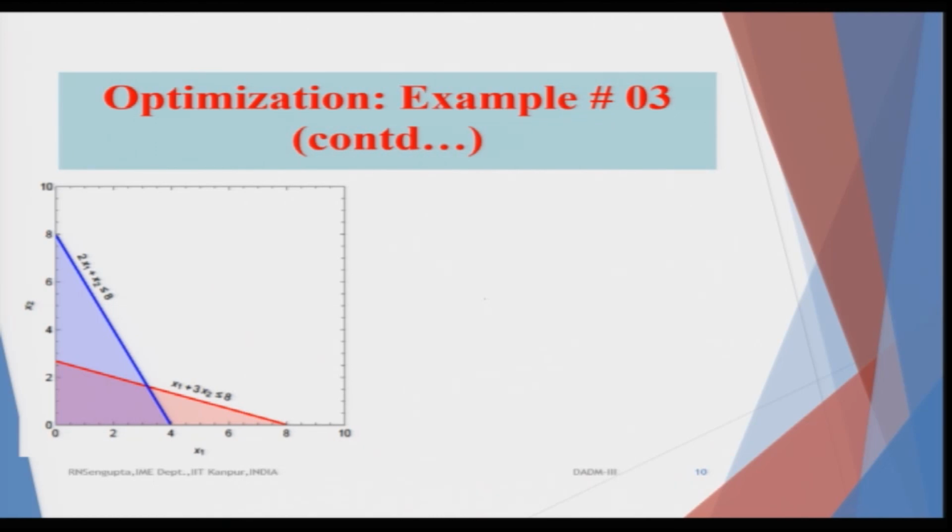The overall applicable area for this would be some part of quadrant 1, some part of quadrant 2, the whole of quadrant 3 and some part of quadrant 4. When I go to the second equation, x 1 plus 3 x 2 is less than or equal to 8, again 0 satisfies this, so 0 would be a part of this region.